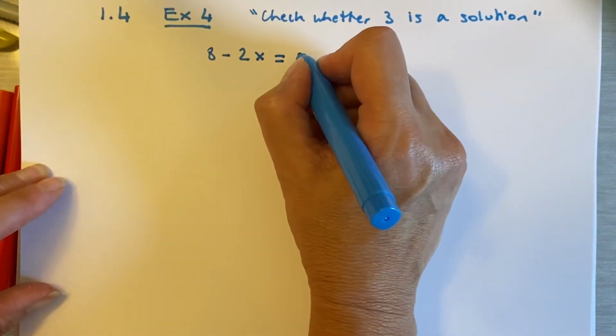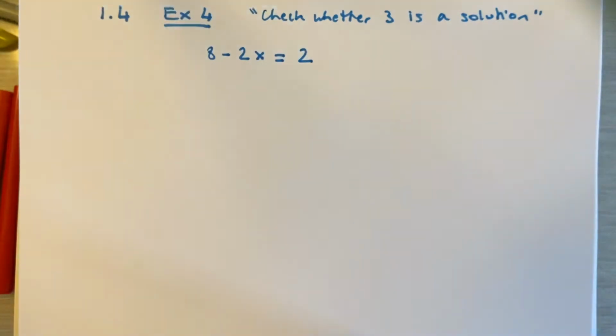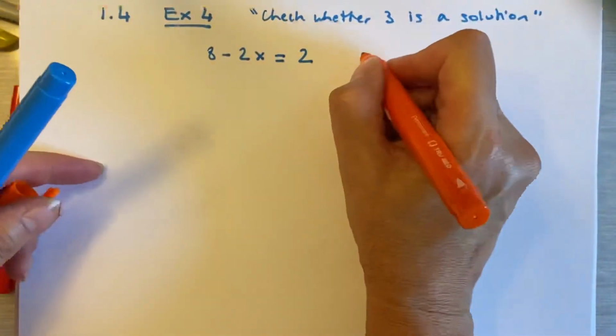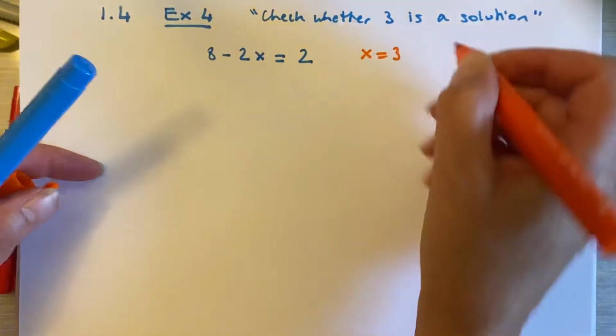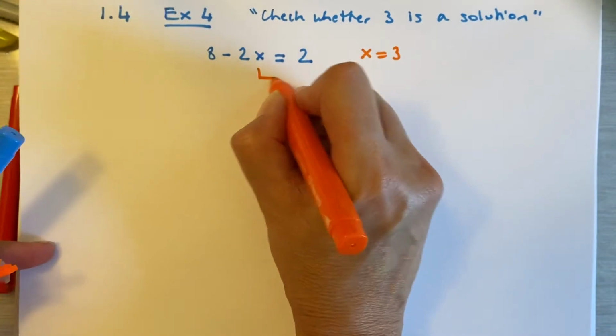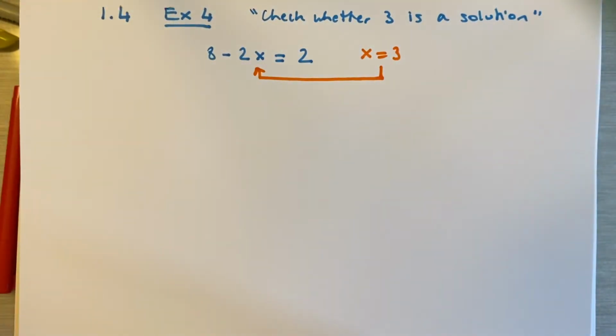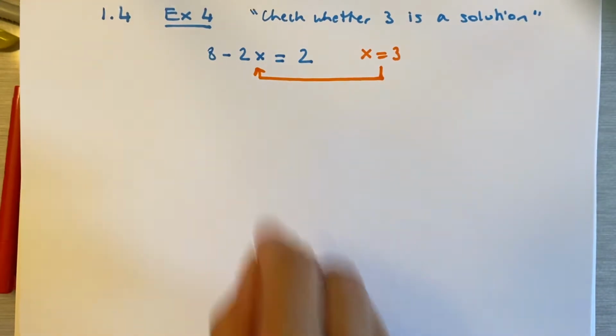8 minus 2x equals 2. And they're asking, is 3 a solution? What they mean is, if I plug in 3 for x in this case, if it's a solution, this statement should be true.